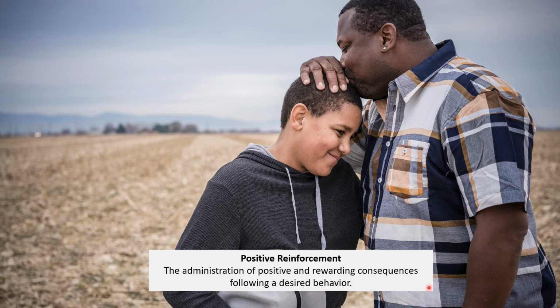After you have done a certain behavior, people reward you, so you like the reward and you know that people like your actions, so you will do it again. You will repeat the behavior. For example, this son did something and his father is very proud of him and rewards him with a kiss.